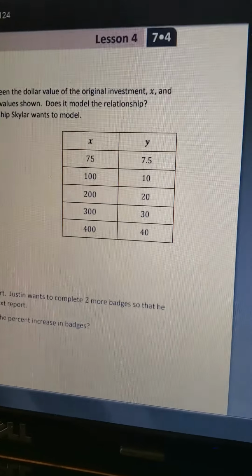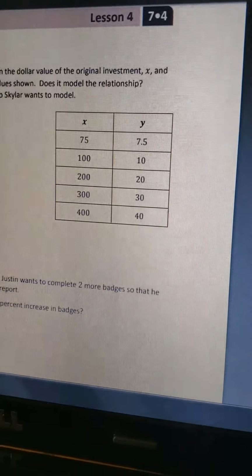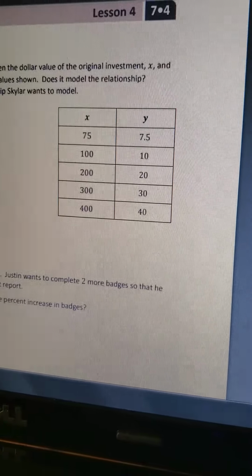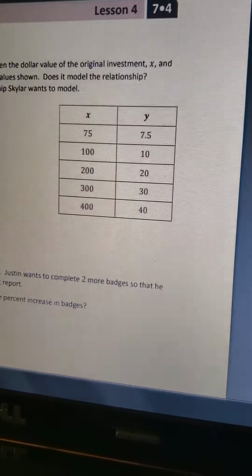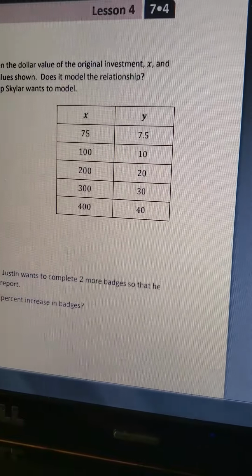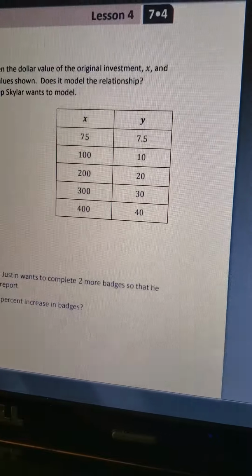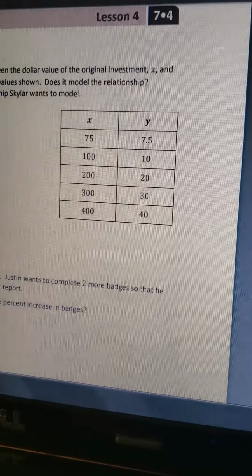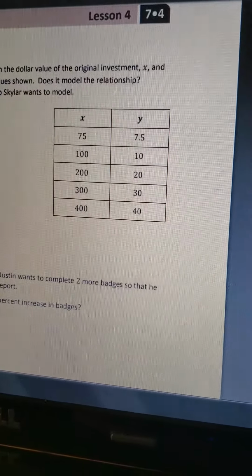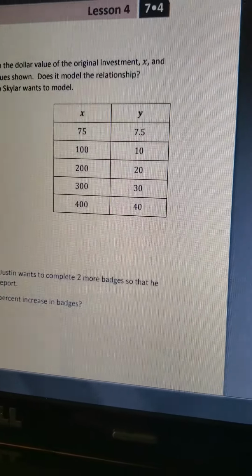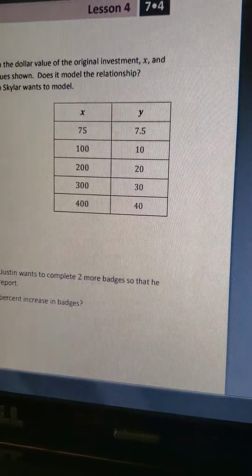So let's take a look at what it says. Okay, $75 and Y is 7.5. Now remember what he's after. He's after what is left in the account after the 10% decrease. So we just did the first problem. Is that correct? If we have $75 and we take 10% away, will we end up with $7.50?